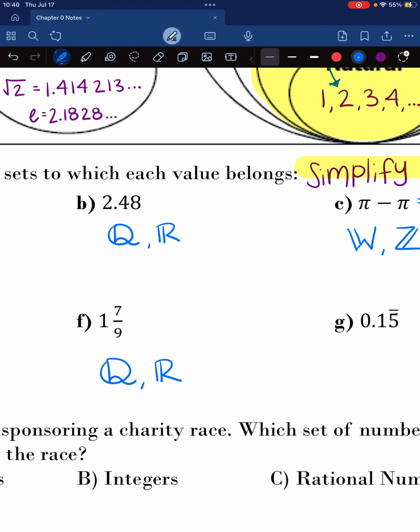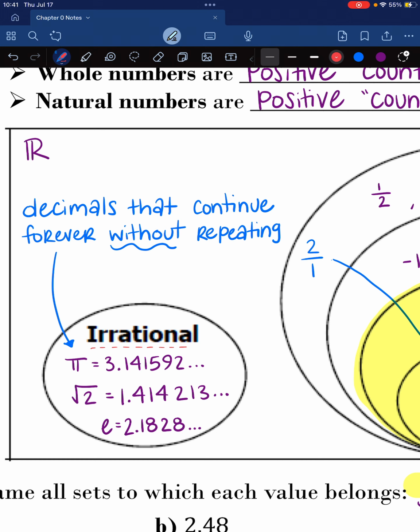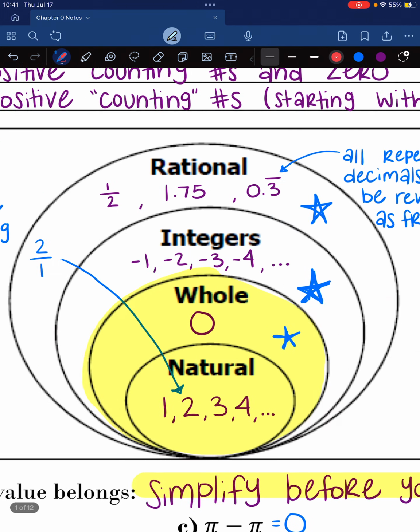If this was given to you in decimal form, this would be a repeating decimal. Okay, so it is a decimal that goes on forever. Decimals that go on forever tend to be irrational numbers. But remember, irrational numbers continue without repeating.